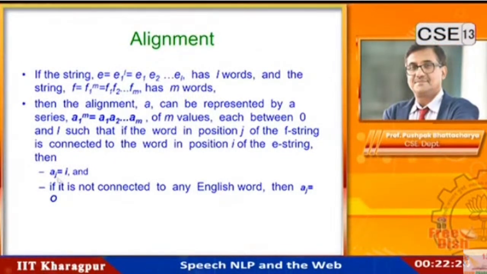That's why J is running from 1 to M, being on the French side. And I is an integer between 1 to L, indicating the Jth French word maps to the Ith English word. And if it is not connected, AJ equal to 0 can happen.